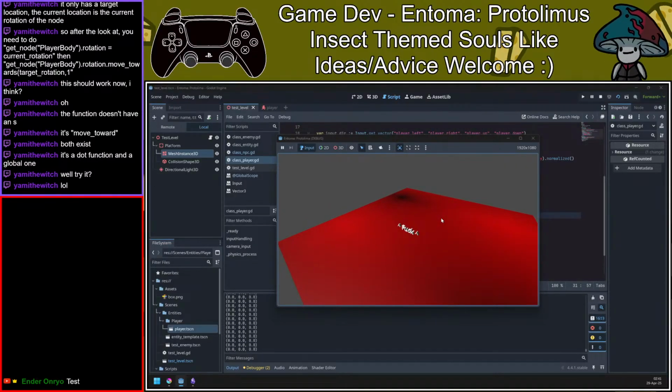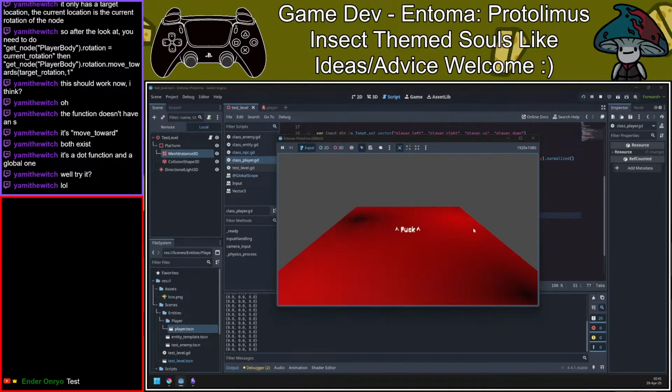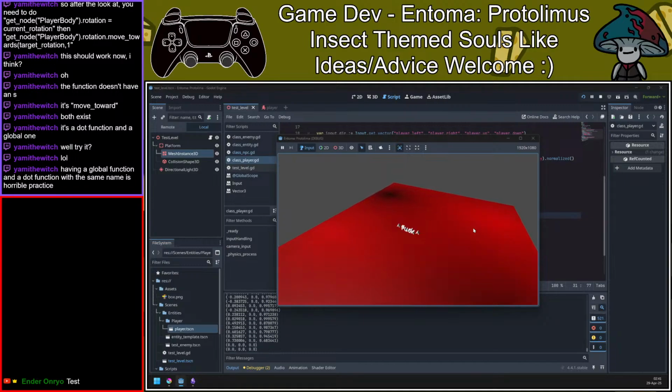Okay, well, it's not rotating anymore. I guess maybe my delta is too small. No? Having a global function and a dot function with the same name is horrible. No, I absolutely agree.